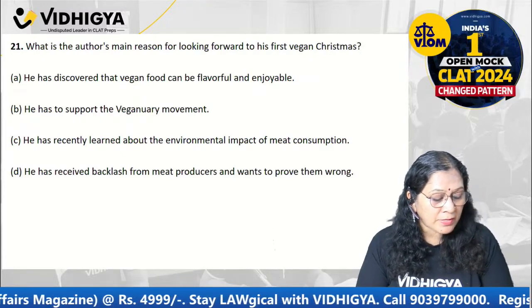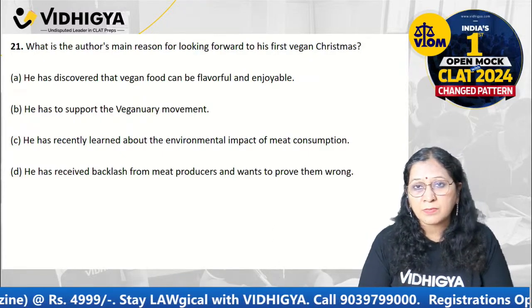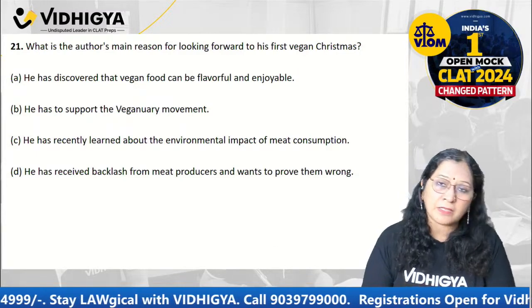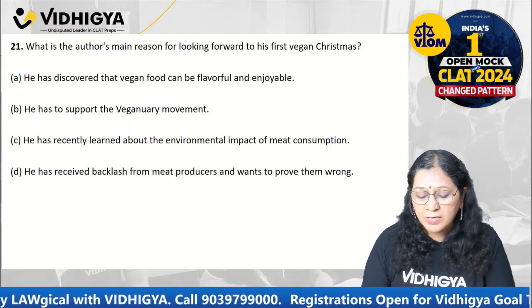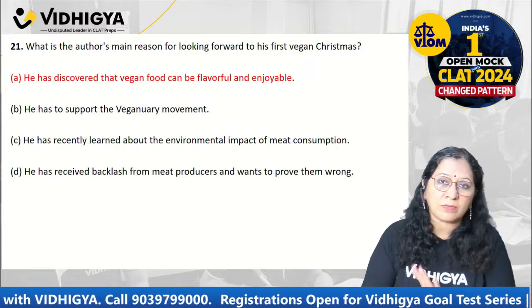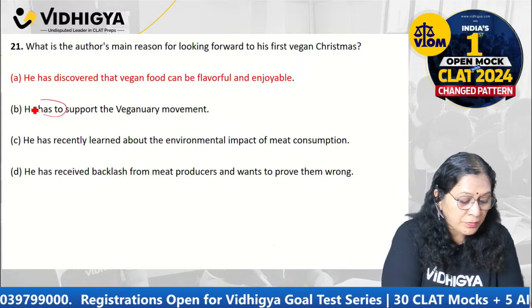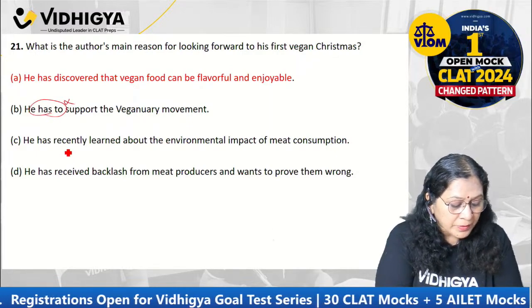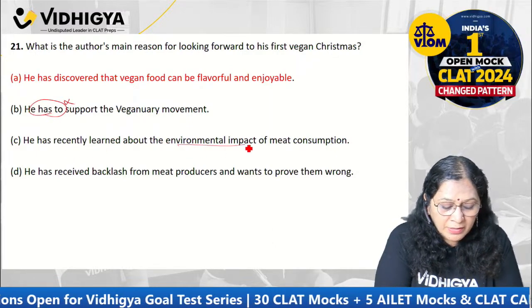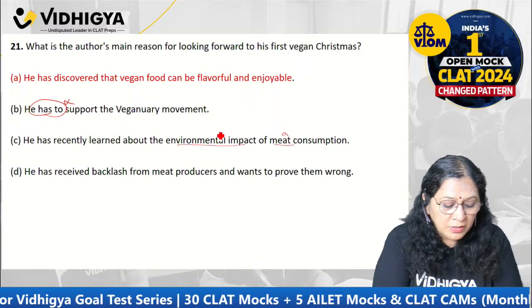So what is the author's main reason for looking forward to his first vegan Christmas? Vegan Christmas का कहाँ पे आया था, हम वहीं पे चले जाएंगे, क्योंकि उसने कहा था कि मुझे बहुत सारा फूड मिलेगा. तो that part of the passage was about food, right? He has to support means compulsion, not required. He has recently learned about the environmental impact of meat consumption.